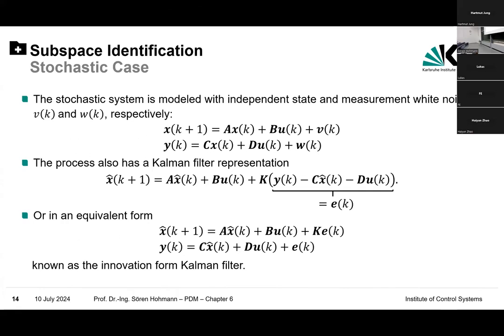It's also not part of the story of the exam, but if somebody is interested in that, he will nicely see there's a connection to the Kalman filter. So somehow we find something similar to the Kalman filter if you do the subspace identification towards that.